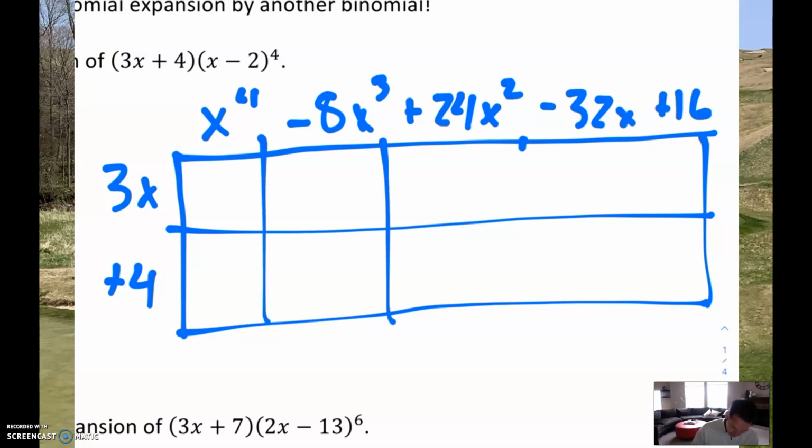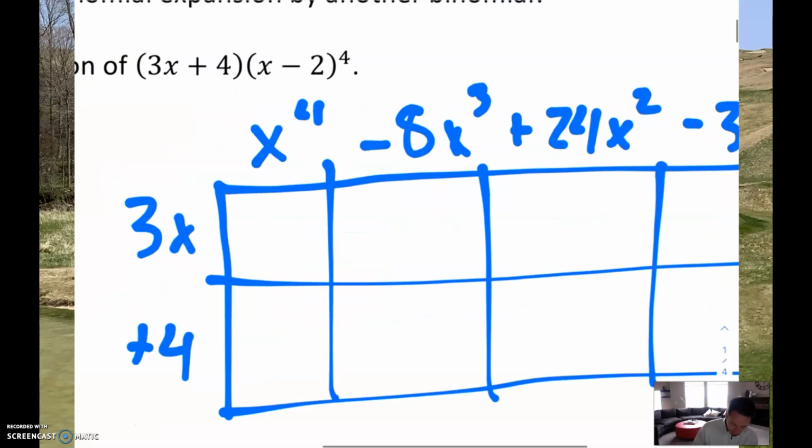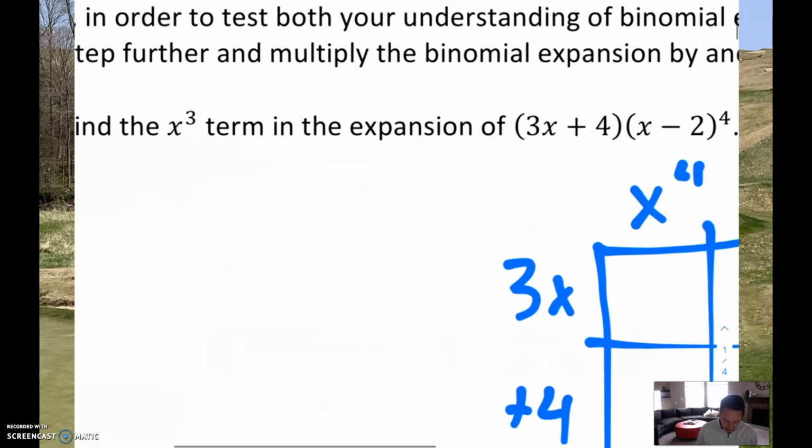So we would be taking this binomial, 3x plus 4, and multiplying it by this entire polynomial if that were expanded out. What we're trying to find is the x to the third term, the one that has x cubed on it.